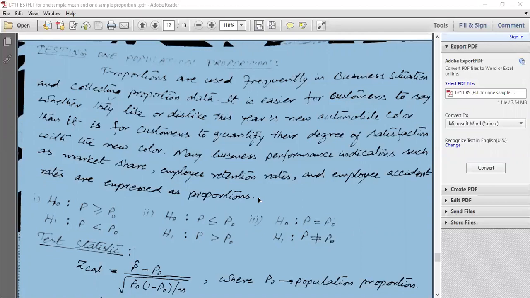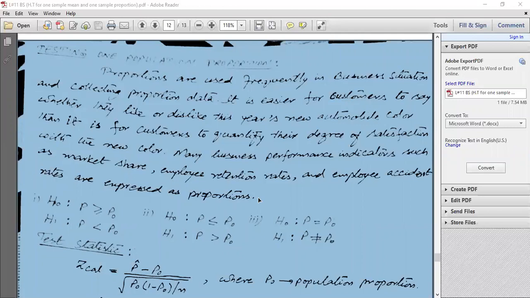If a customer purchases anything from a market, and some persons like it and some persons dislike it, it means the result should be in a proportion. It means 40% dislike the new automobile color, or 20% like, for example.